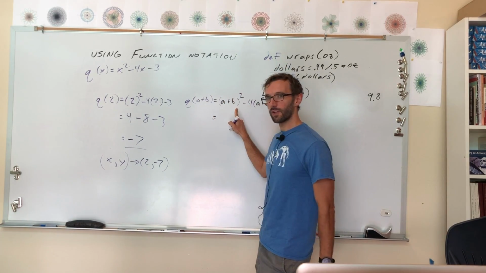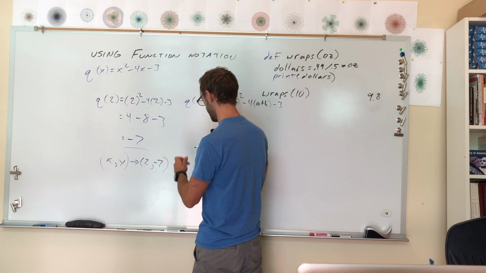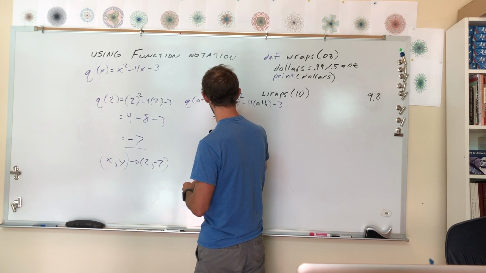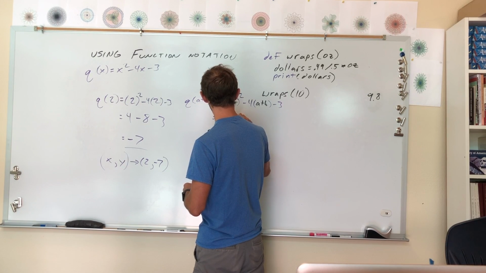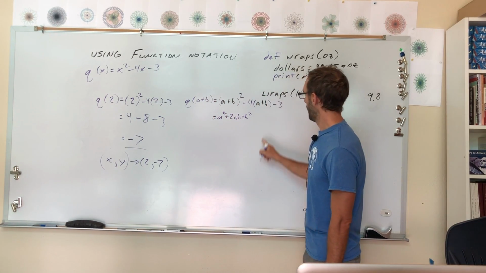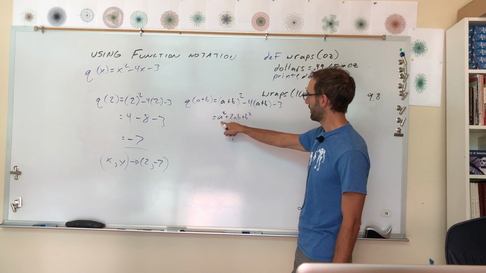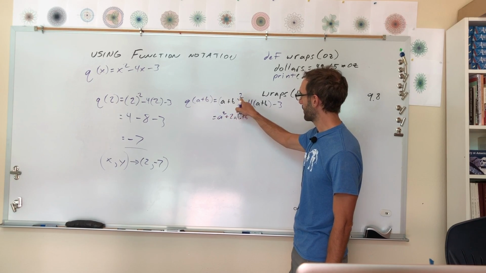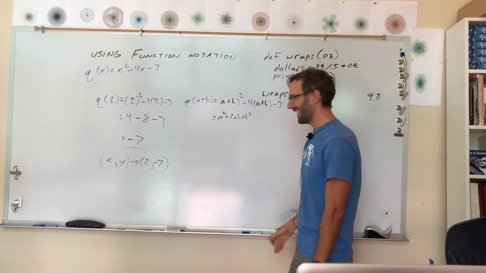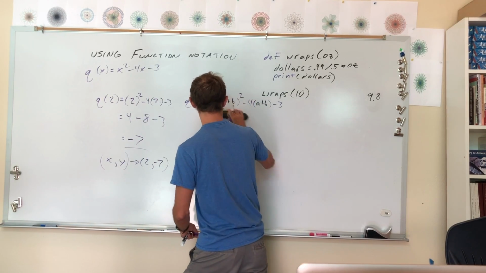So a plus b quantity squared is going to be a squared plus, let's see, 2ab plus b squared. And then for this, because what we're doing is we're taking a plus b squared, we're multiplying it together. Actually, let me go back a step and show this.